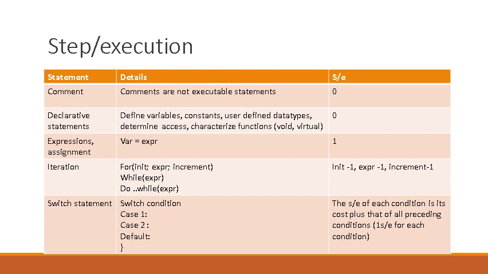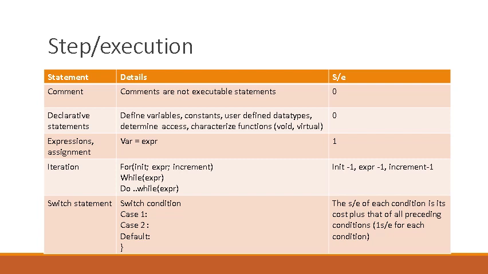Then expressions or assignment statements. If we write some variable equal to an expression, like C is equal to A plus B, then A plus B is one expression, so its step count is considered as 1.